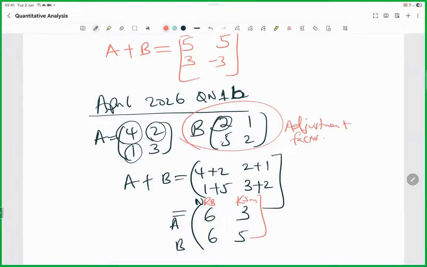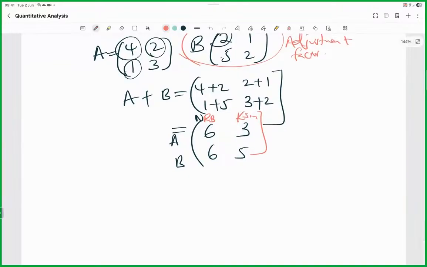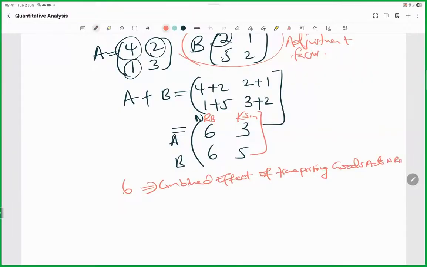So we write: the combined effect of transporting goods A to Nairobi, combined or adjusted transportation costs.